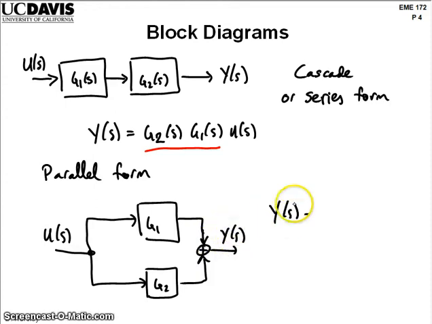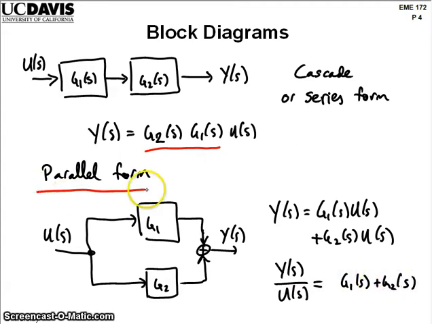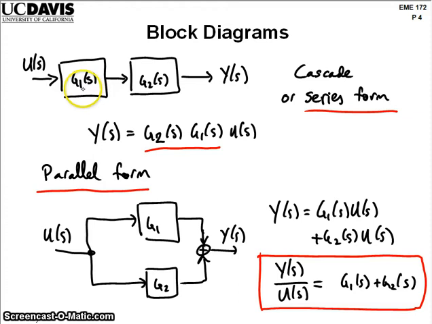We could write y of s is going to be equal to g1 of s times u of s plus g2 of s and u of s. And so in terms of the transfer function, we could write that y of s over u of s is equal to g1 of s plus g2 of s, right? So in series form, we're multiplying the two transfer functions together. In parallel form, we're just adding them together.